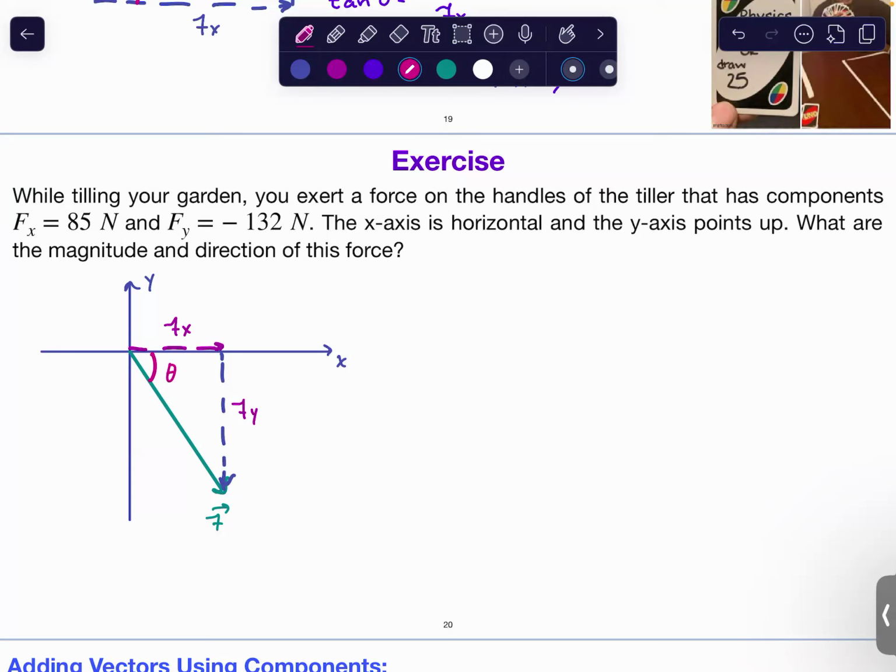Okay. So first off, I want to know the magnitude of that force vector. Well, if I was doing this on an assignment, I start with my equation I'm going to solve. I don't have to do any more solving because it's already in the proper format. And then, well, I see my Fx is 85.